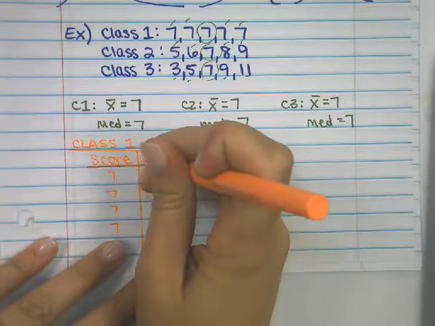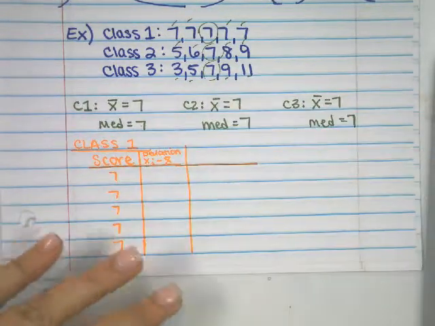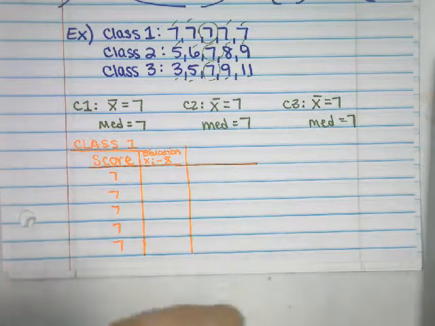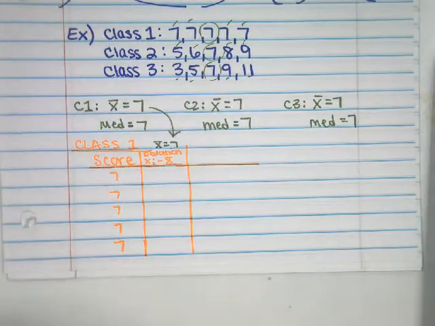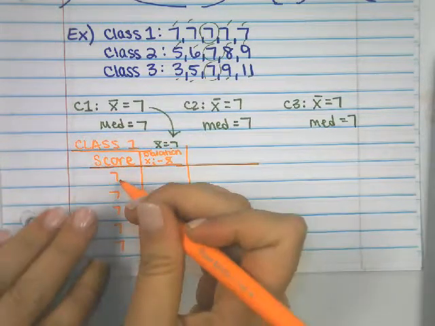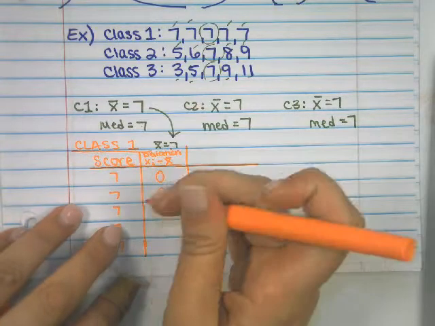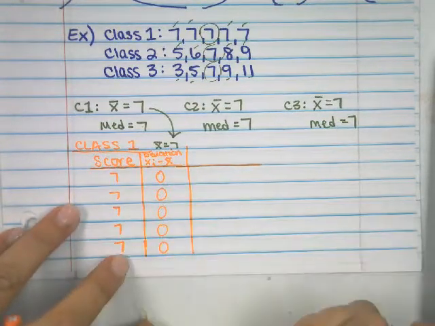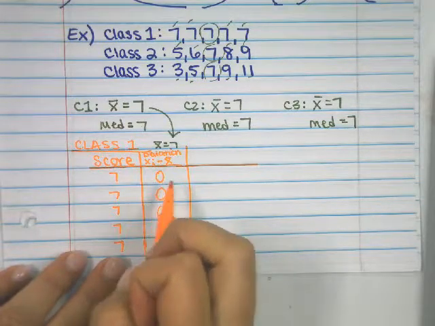So it's our score xi minus the mean. The mean was 7. So 7 minus 7 is 0, 7 minus 7 is 0, 7 minus 7 is 0, 0, 0. That's our score take away the mean.